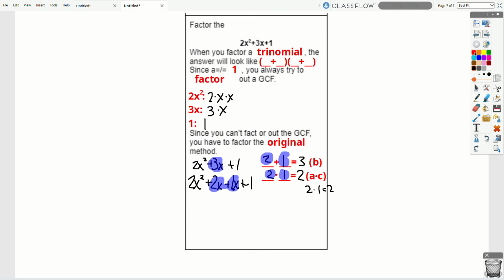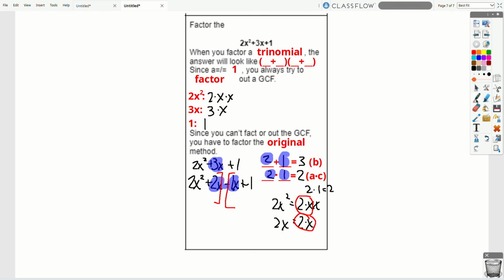Once we do that, we have to factor both sides. We have to factor this half, and we have to factor this half. And so this is just like what we did on the first assignment today. We want to find the GCF of 2x squared and 2x. So we know that 2x squared is 2 times x times x. We know that 2x is 2 times x, so our GCF is 2x.